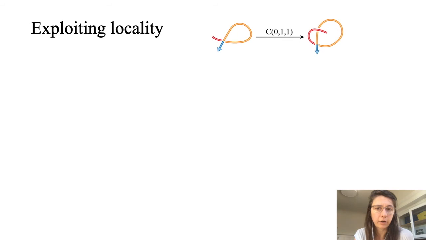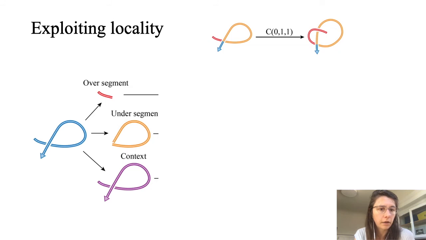The first part is the segment that will be on top of the new intersection. The second part is the segment that will be under the new intersection. And the third part copies the entire geometry of the rope to provide context for the task, for example, to avoid any undesired intersection.